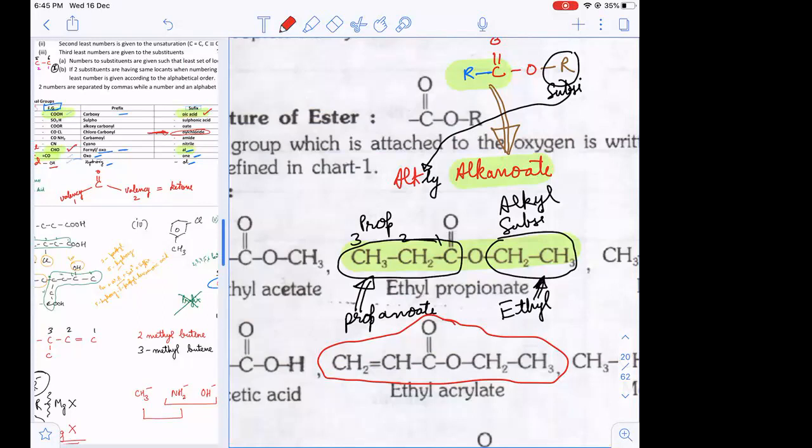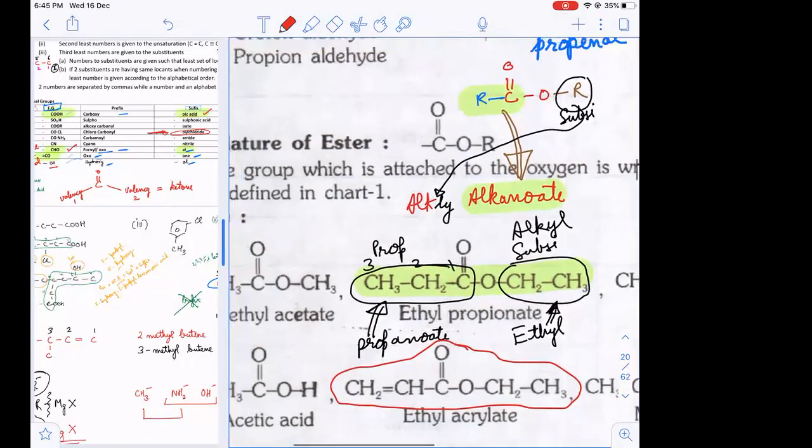If you want to know what is acetate, acetate is this, CH3COO. So these things are acetates. Let's not go into those, otherwise you'll get confused. Let's focus here. Please do the IUPAC.